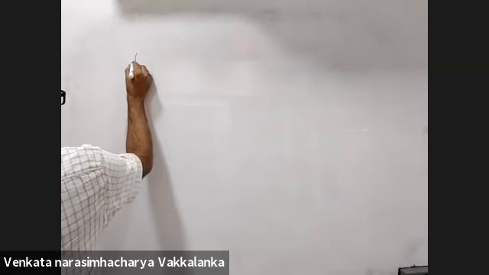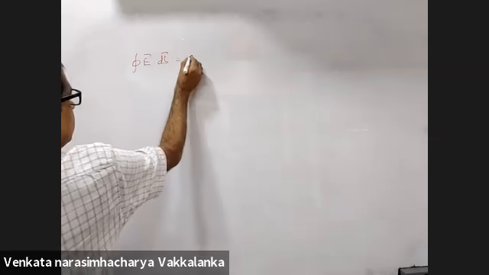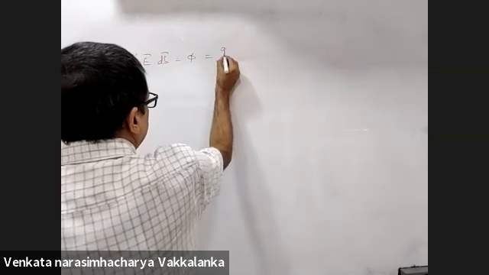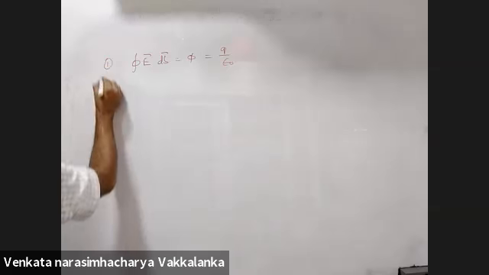Now, we said closed integral E dot ds will be the flux through a closed surface. It will be equal to Q by epsilon naught. This is the first point.